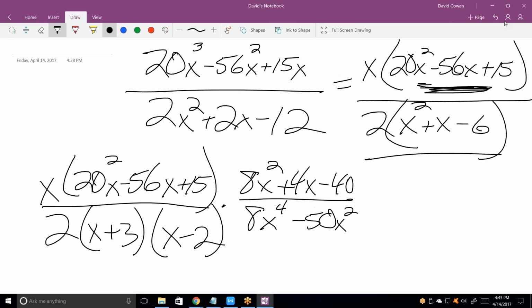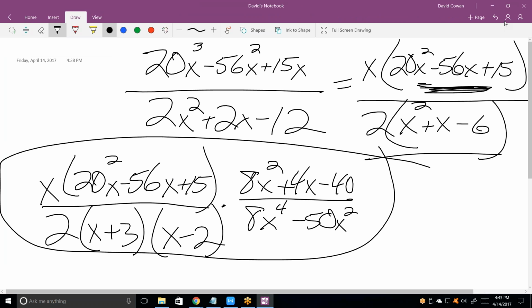When you see problems like this, know that it is all about factoring. There's nothing else going on here. Okay? We're going to factor everything as much as possible, and then we're going to cancel stuff. Lots of stuff. All right, so let's start with that.